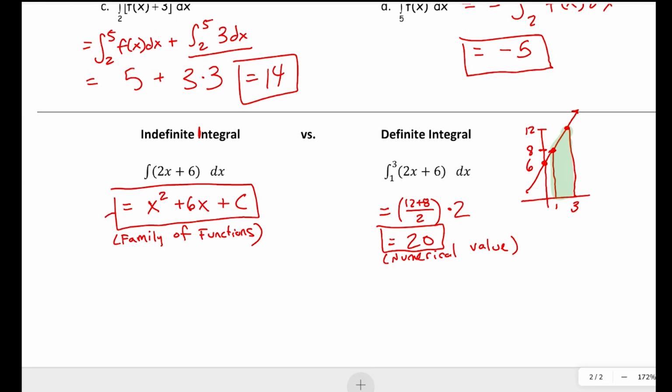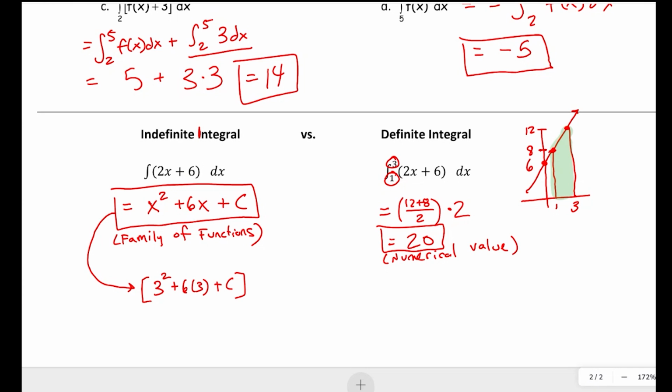If I take this indefinite integral and I plug in 3 and 1 for x as two separate instances, what I mean by that is, if I substitute in 3, I would get 3 squared plus 6 times 3 plus c, right?